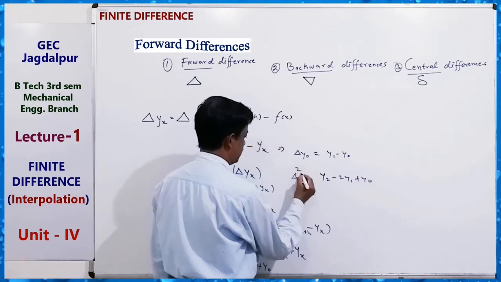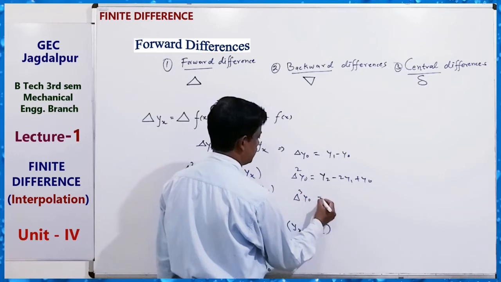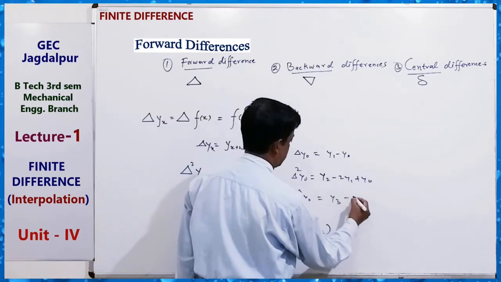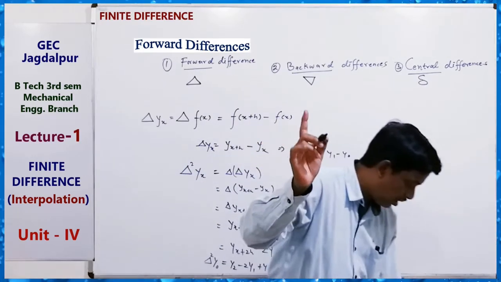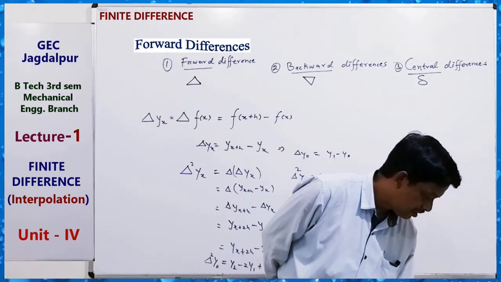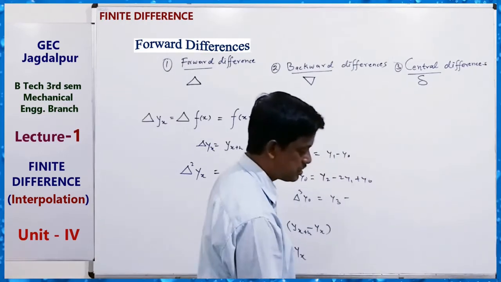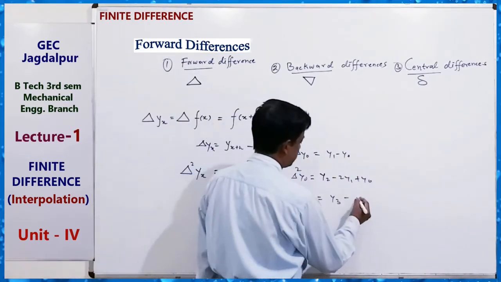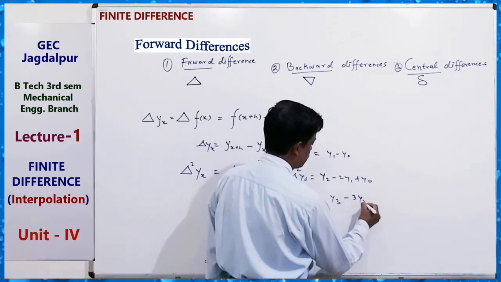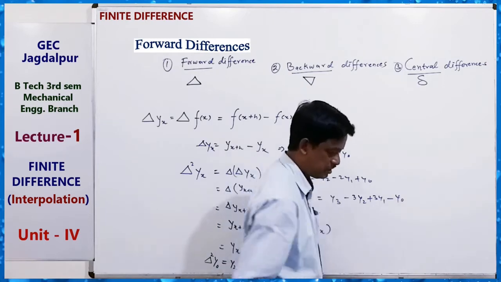Similarly, the third order difference del 3 y0 equals y3 minus 3 y2 plus 3 y1 minus y0, with binomial coefficients.